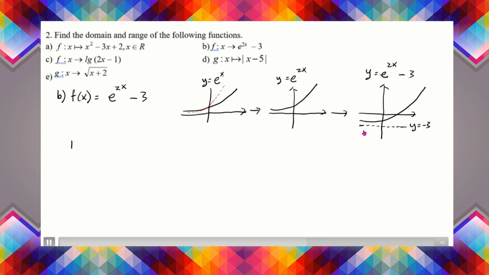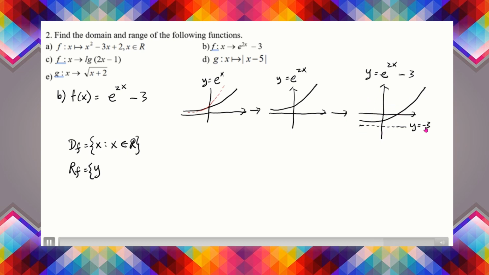Now from here we can find the domain. You can imagine we draw all the vertical straight lines. When we draw any vertical straight line, it will intersect with the curve. So the domain is all the values of x. As for the range of y, above y equals -3, all the horizontal straight lines will intersect with the curve.